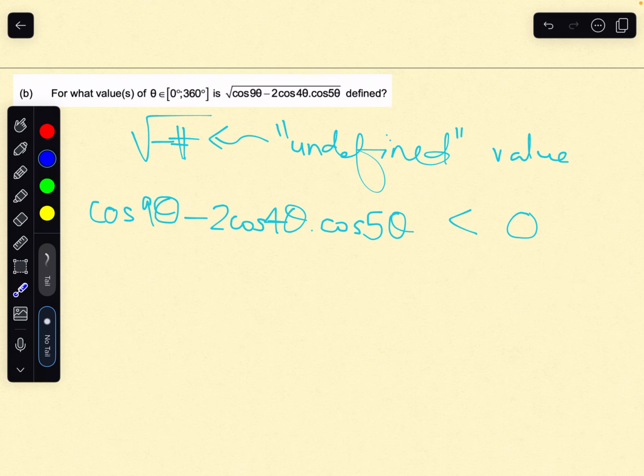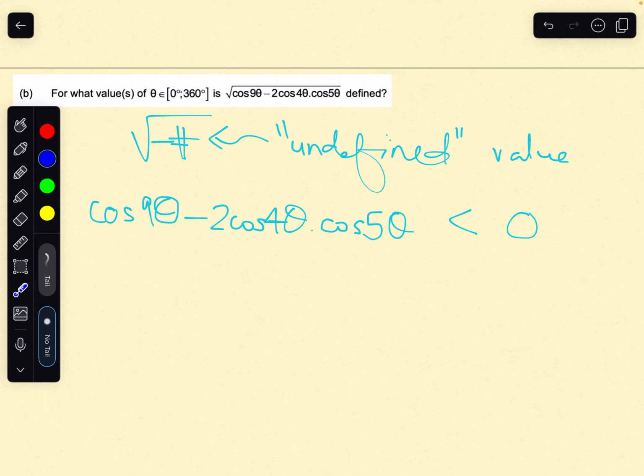What did immediately strike me though is that 4 theta plus 5 theta is 9 theta. So that makes me feel like maybe I can rewrite this in terms of 4 theta and 5 theta using our compound angle identities.